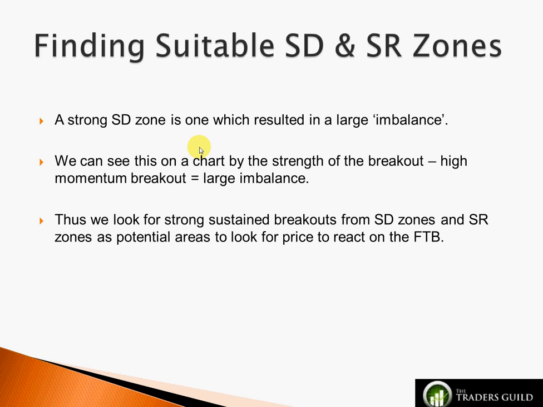Therefore, on the first time back, there exists a good probability that that same imbalance is present. The stronger the supply demand imbalance, the better. That should all follow through, it is quite common sense reasoning.